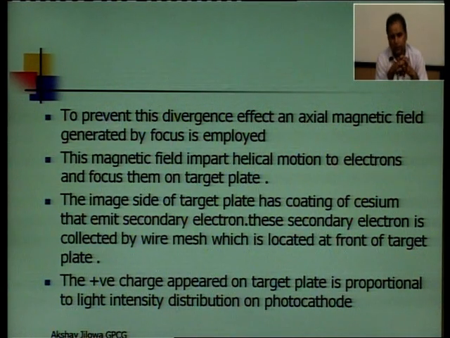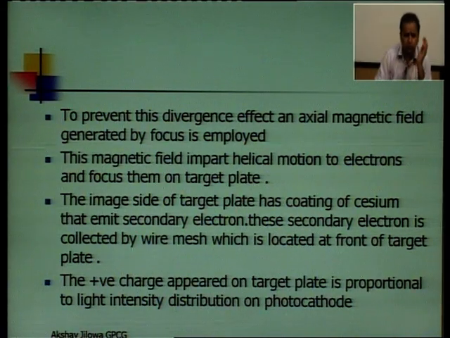The positive charge that appears on the target plate is proportional to the light intensity distribution on the photocathode. This is very obvious.